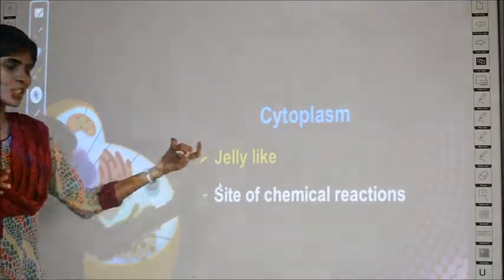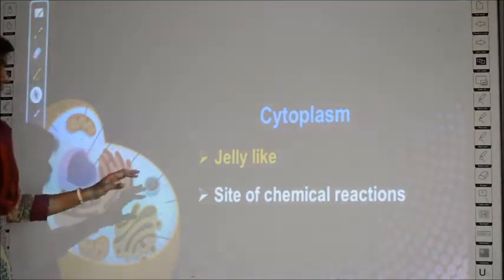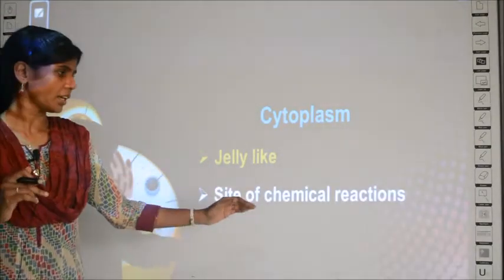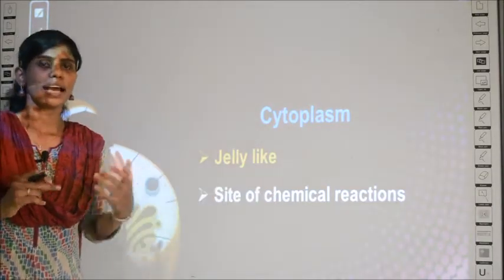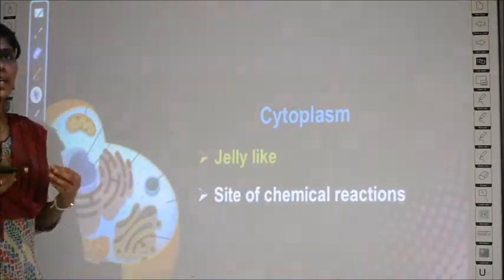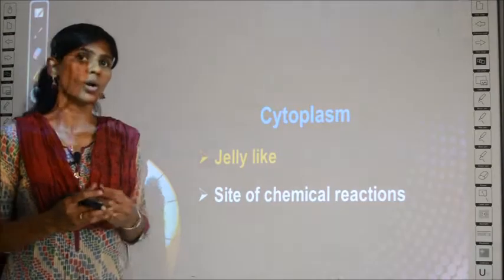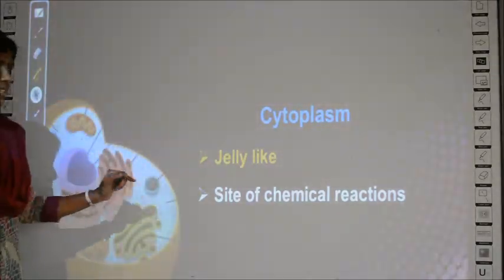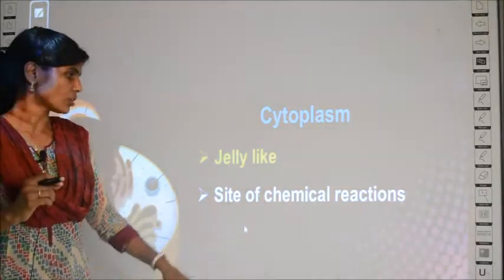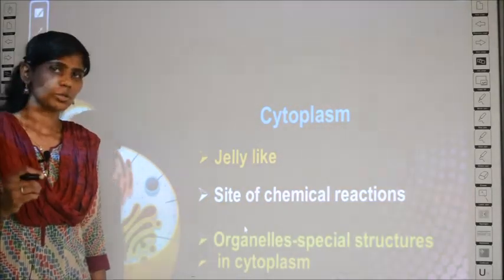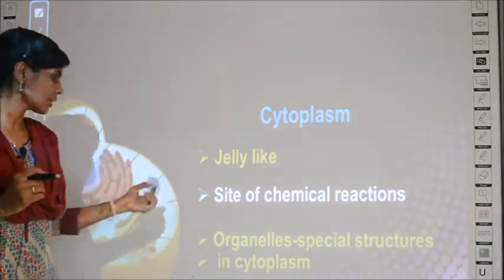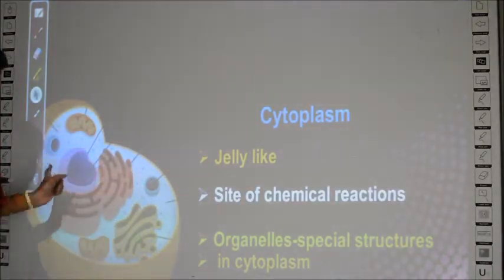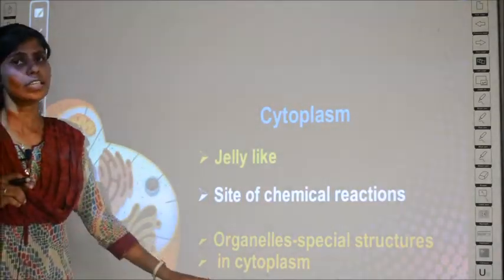So that is the texture of this cytoplasm, and cytoplasm is the region where chemical reactions take place. There are many chemical reactions happening inside the cell, no? All those reactions will happen only inside the cytoplasm of every cell. This also you have to keep in mind. And as I told you already, all these organelles are present in the cytoplasm.